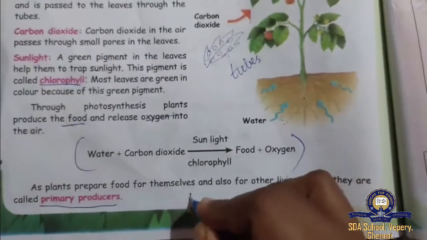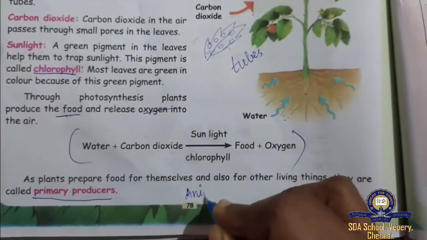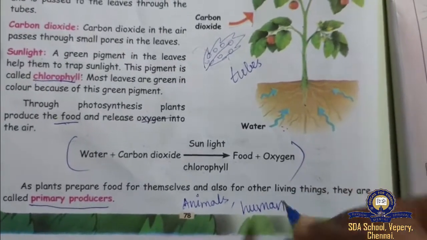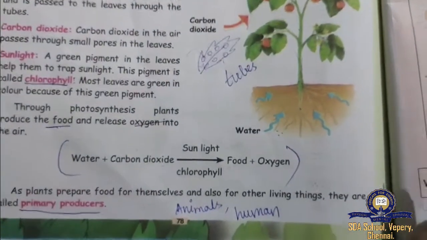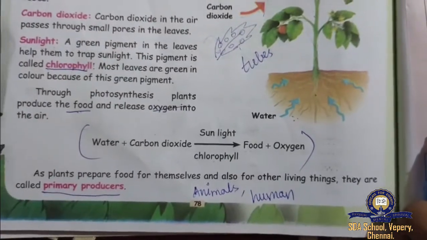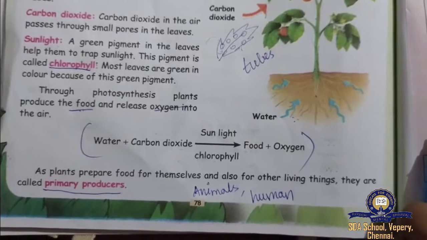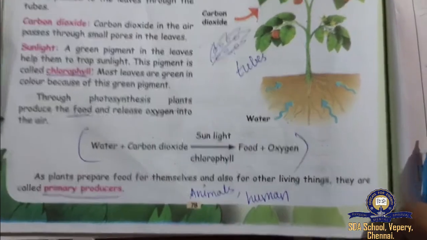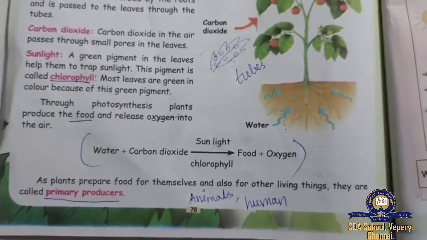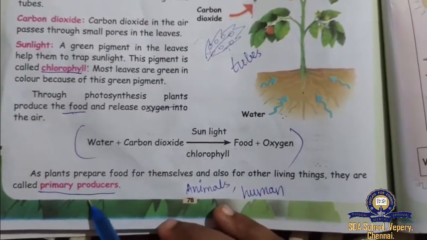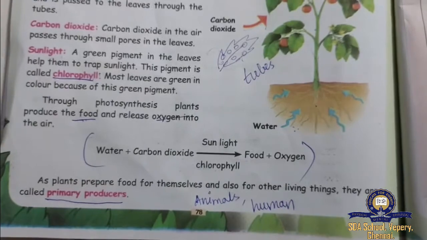Animals and human beings depend on plants for food, right? Plants are a major food item. They prepare their own food, and they act as food for animals and human beings. That's why we call plants primary producers.